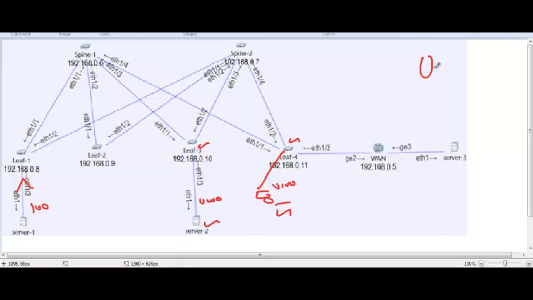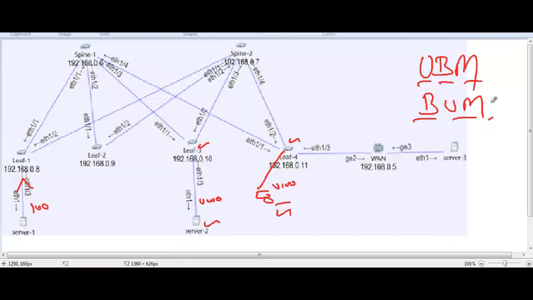For broadcast, unknown unicast and multicast, usually they say BUM, not UBM. Anyway, unknown unicast, broadcast and multicast are all flooded, and for this you need to flood the packet.